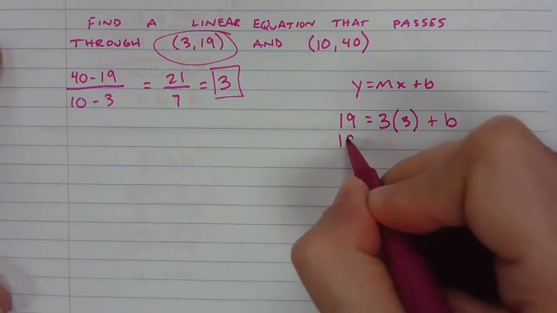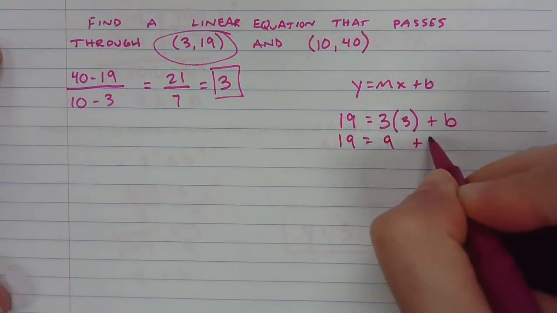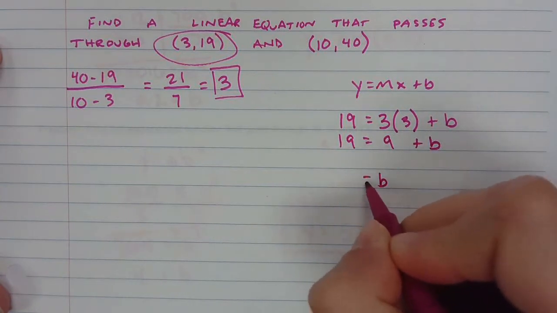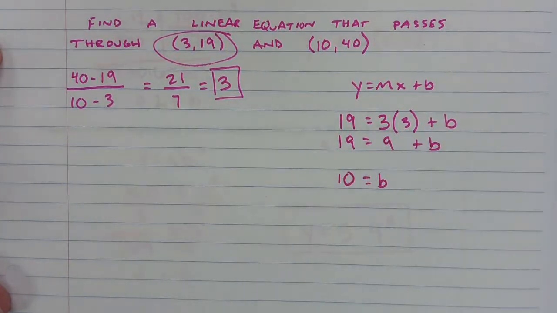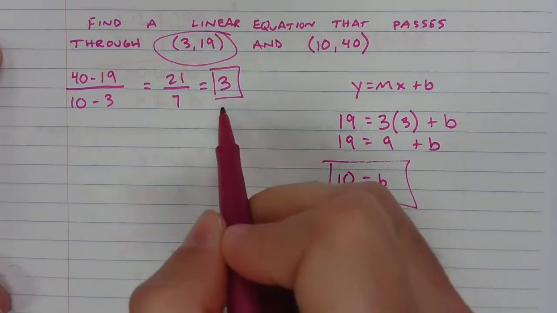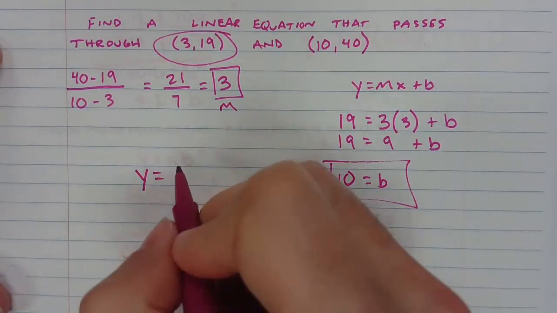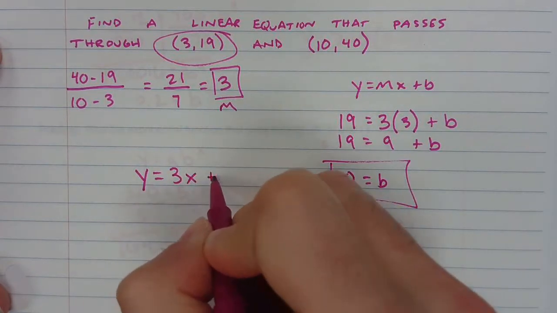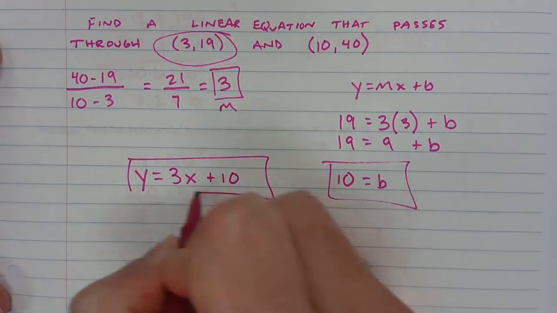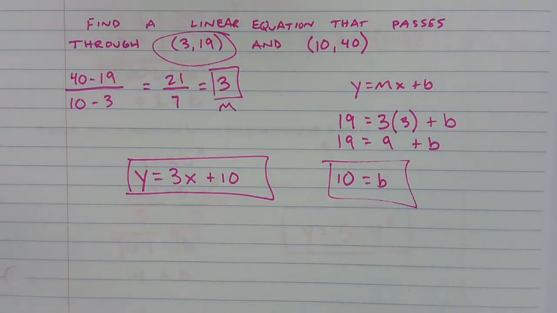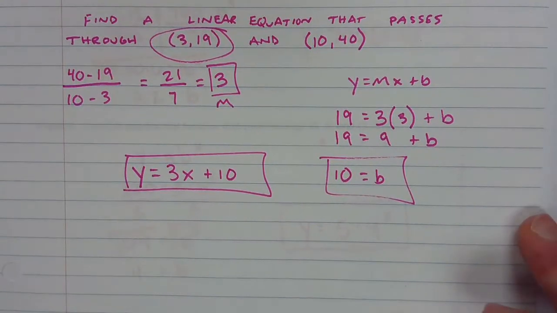Solve for b. So 19 equals 9 plus b. b equals 10. And then now that we have b, we have m, we went ahead and wrote our equation y equals 3x plus 10. We're going to do something very similar with our exponential functions.